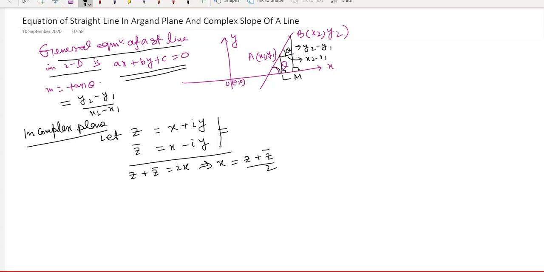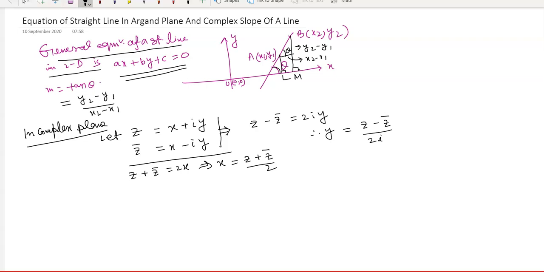And here, z minus z bar equal to 2iy. So y is equal to (z minus z bar) by 2i.